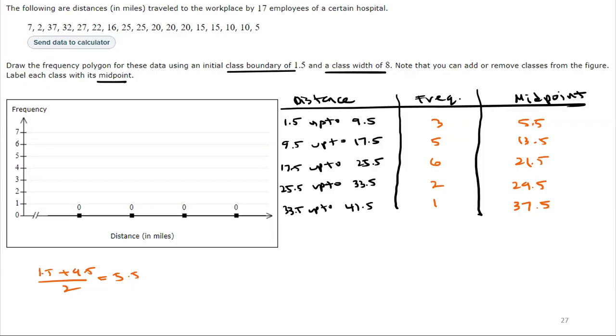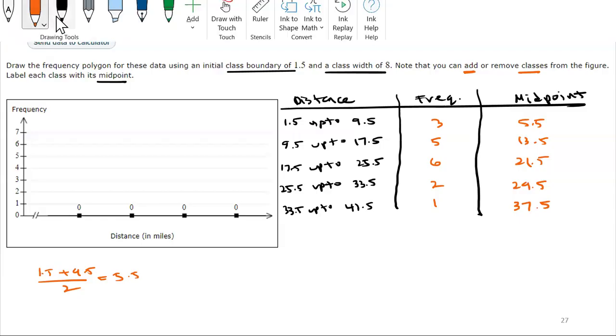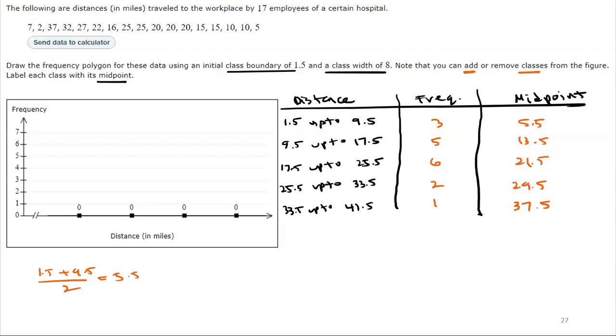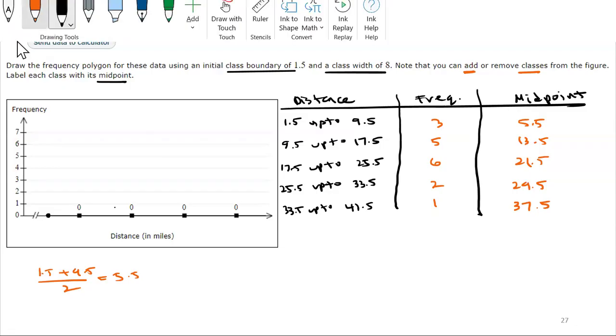So we're going to have to add another class. That's what it's saying, we can add another class. So I'll just put it right here. Don't worry why it says zeros, you would have to enter those numbers in the program. Anyway, let's go ahead and write those numbers.